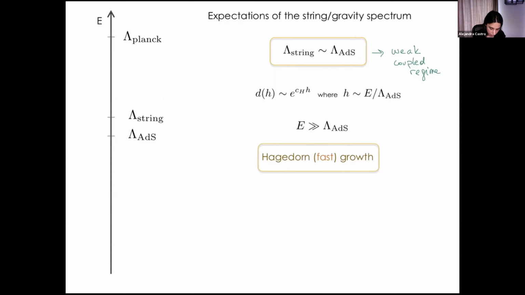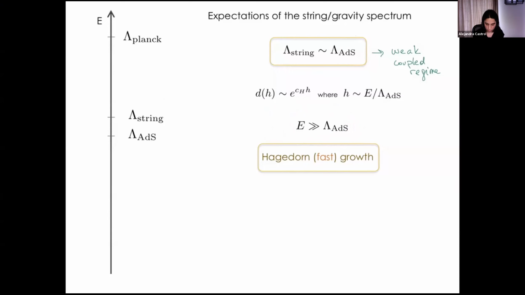And in that case, the expectation is that when you have states of some conformal dimension h, where I'm relating the conformal dimension to some energy in AdS units, the number of states when the energy is big in AdS scale, which is basically the string scale, since they're the same in this discussion, you expect the number of states to go like Hagedorn growth.